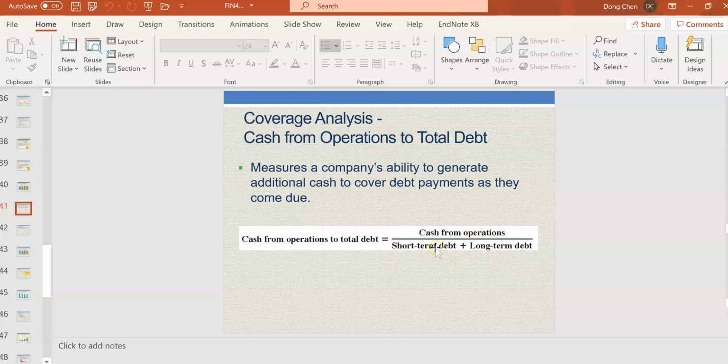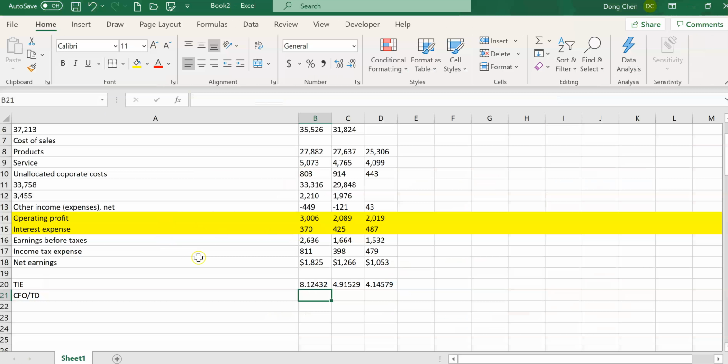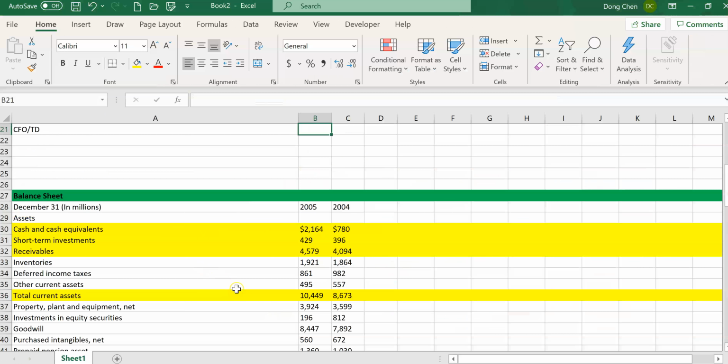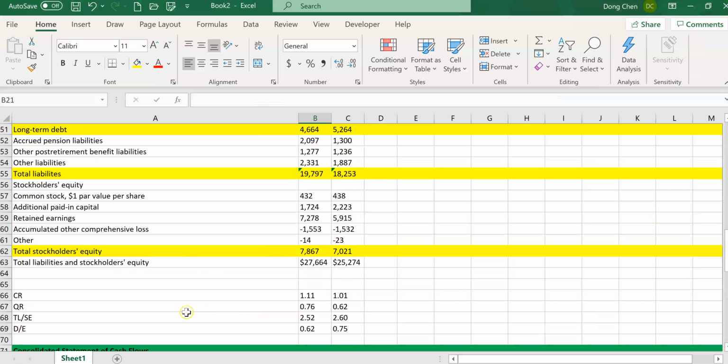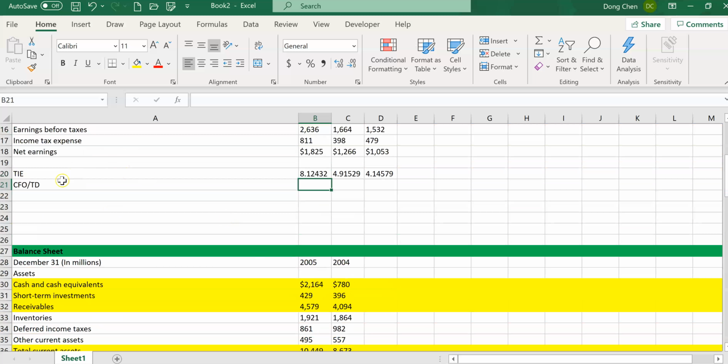We have done this part of the calculation for the debt to equity ratio. There, we calculated the sum of the short-term debt and long-term debt as our numerator. But here we need to use that as the denominator.